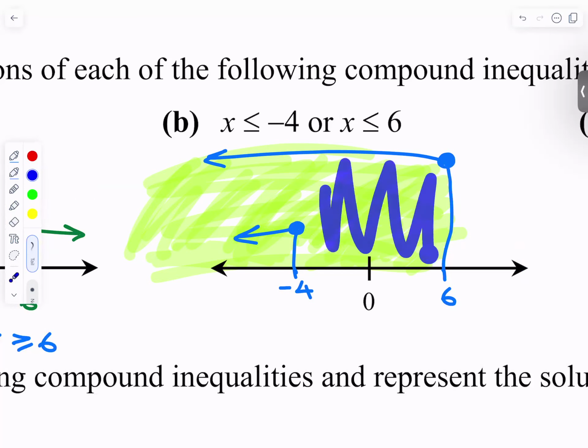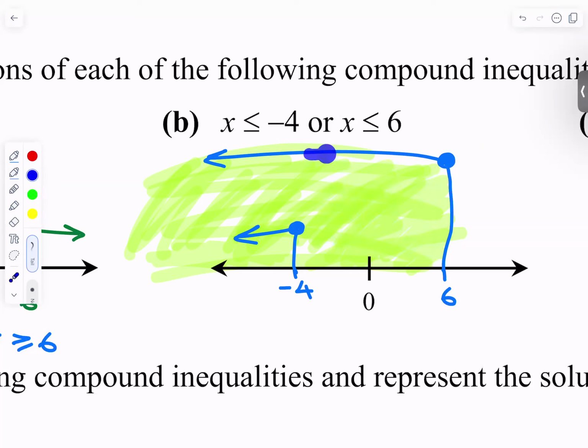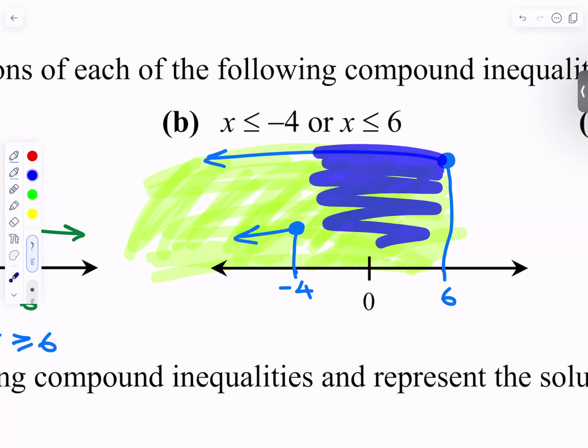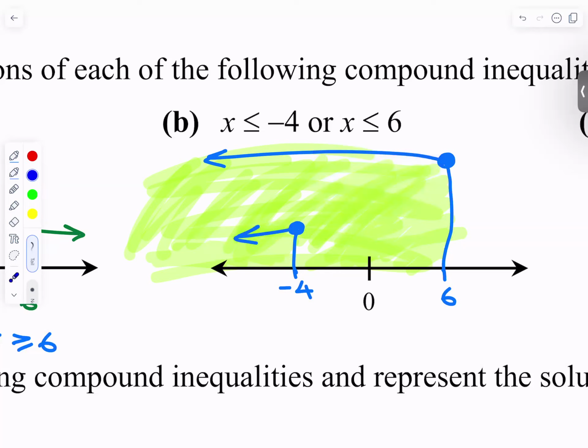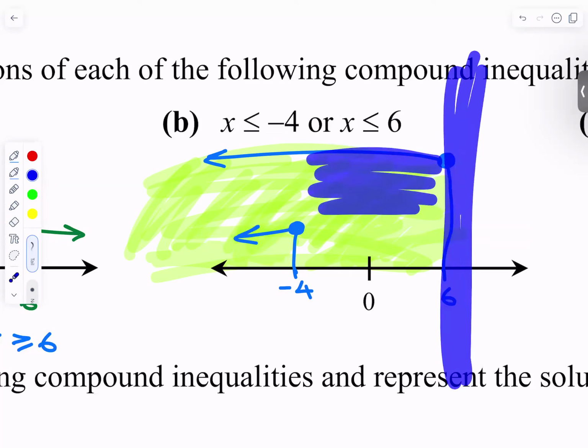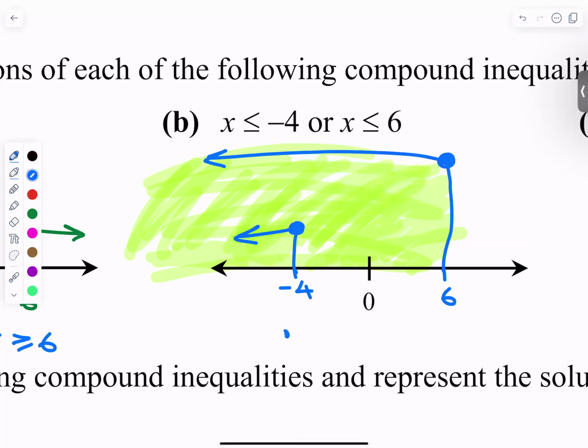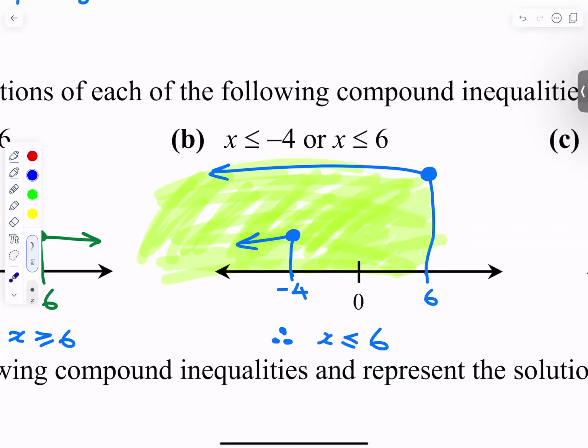Can I have this part? Also yes, because at least one of them is there. So this could be your answer as well. Everything is your answer, so choose the one that starts from the beginning. So it will be x less than or equal to 6. This is your final answer.